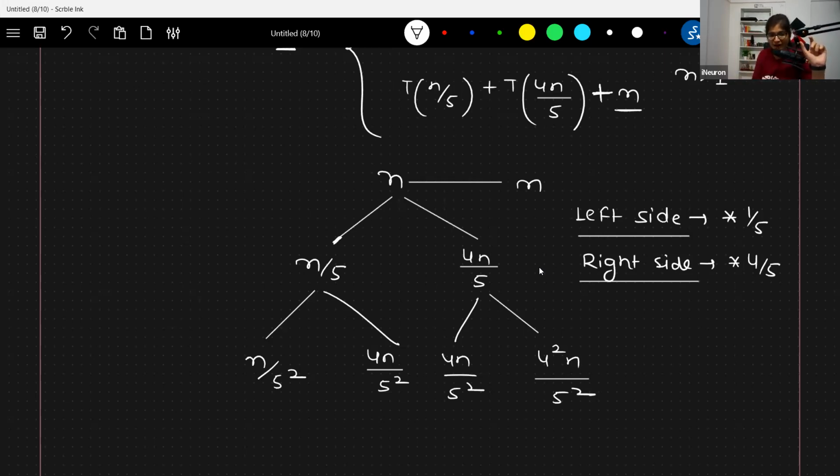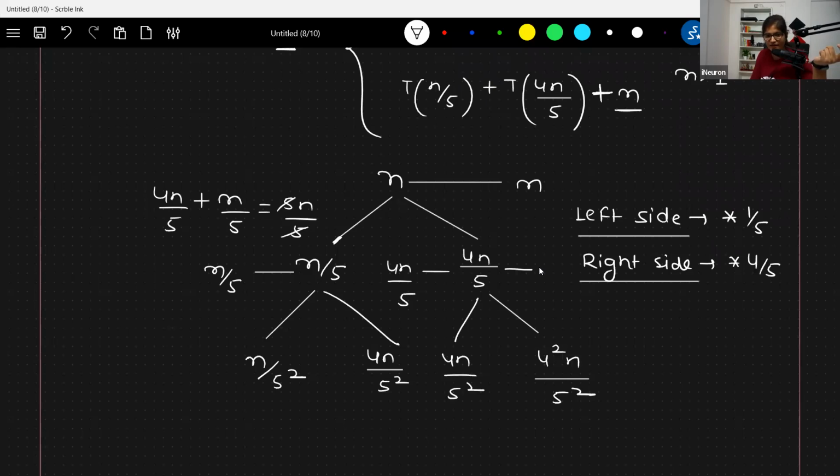What is the cost required to split it into 2 parts? It will be n by 5 and 4n by 5, because initially it is exactly the same, right? What is the total cost? It will be 4n by 5 plus n by 5. The total cost at the second level will be 5n by 5, so it will be equal to n.